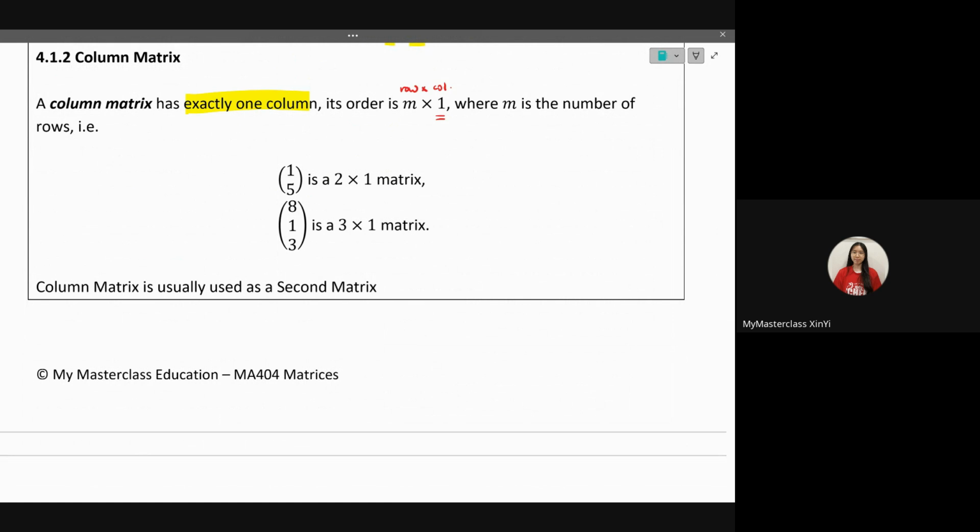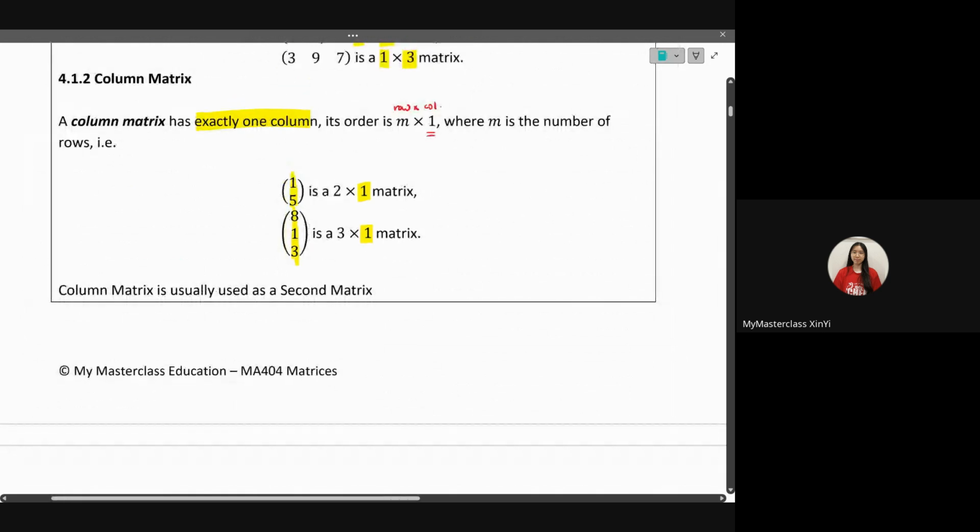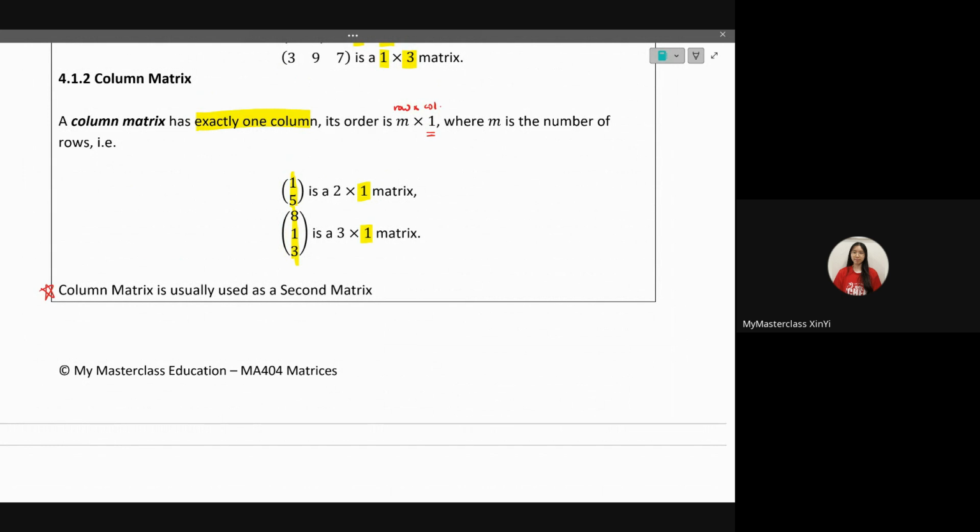Same thing for this: you have 1 column, 1 column. So this is a 2 by 1 matrix and a 3 by 1 matrix. Just something to take note of: your column matrix usually will be used as a second matrix, which we will see in subsequent examples later on, showing how we would utilize a column matrix.